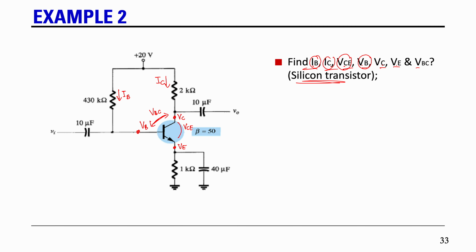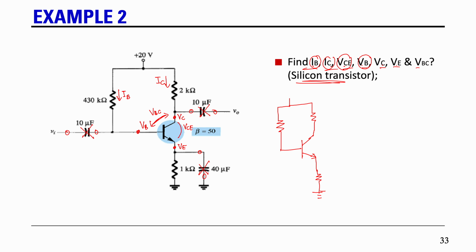So always remember what our first step is. The first step is to remove the capacitor by considering it an open circuit. So your circuit will then look as such, and here we'll have a resistor that goes to ground.